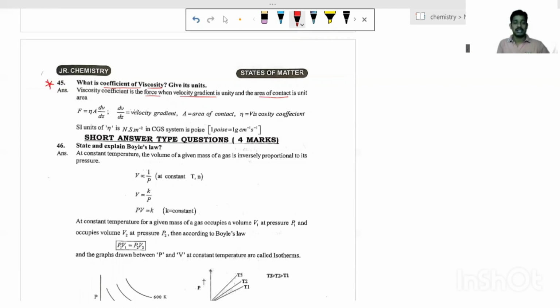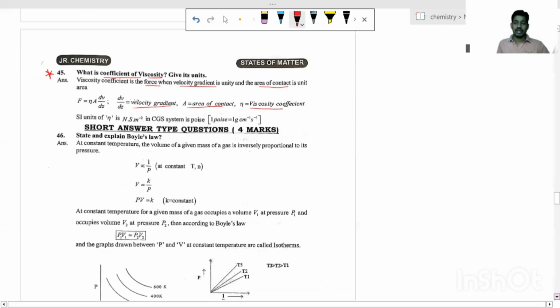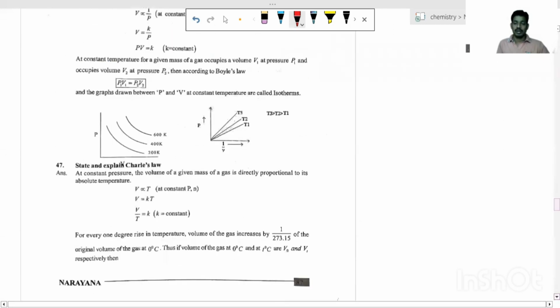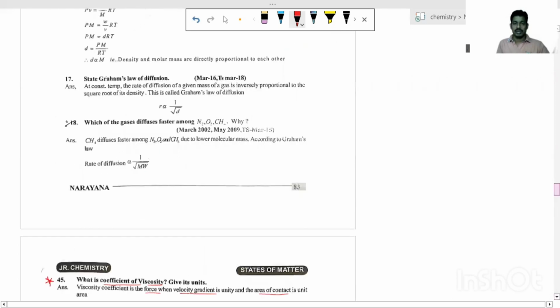Here we have the formula F is equal to eta A dV by dz. dV by dz is the velocity gradient, A is the area of contact, and eta is the viscosity coefficient. So these are some of the important very short answer type questions from states of matter.